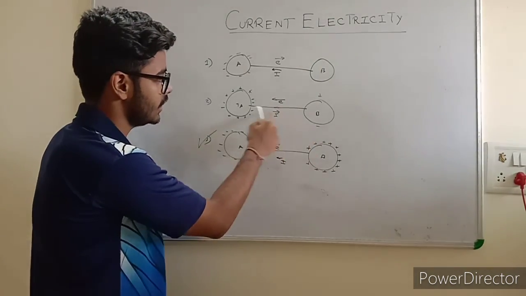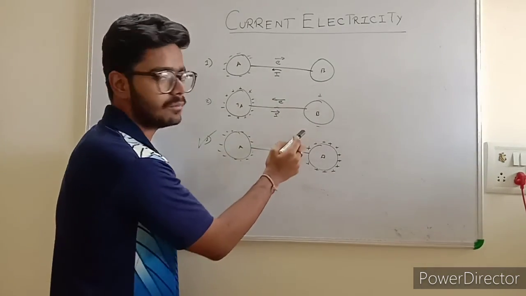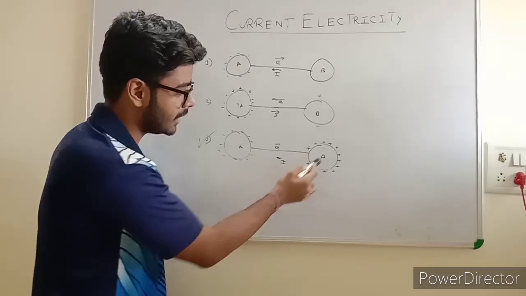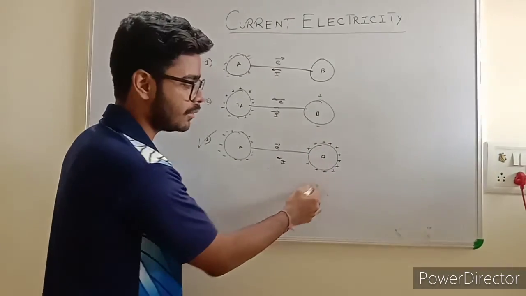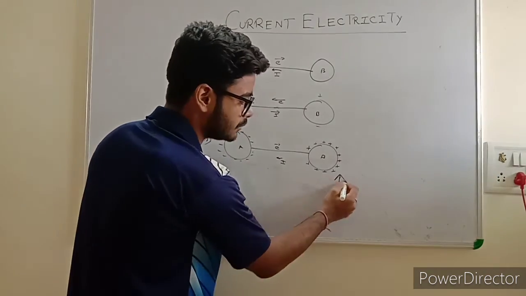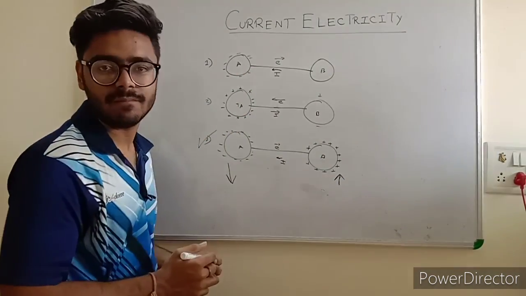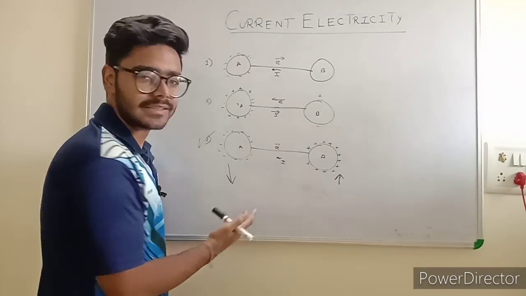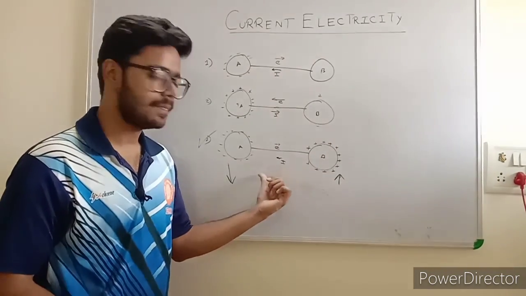These are neutral bodies, they have the same number of negative ions and positive ions, but in this case there is no negative ion. So it will have the highest potential and it will have the lowest potential. So with the highest and the lowest, it has the maximum potential difference, so the intensity of the current will be most in the third one.